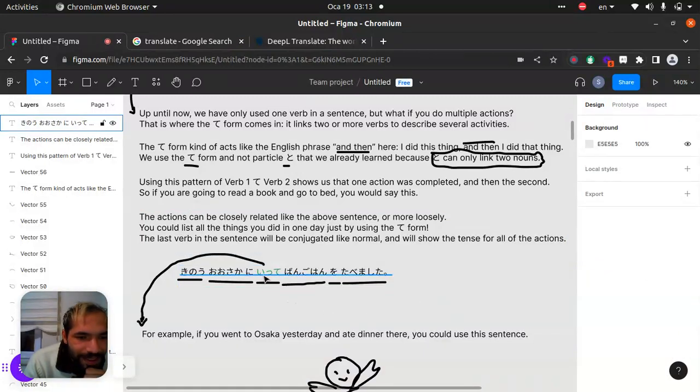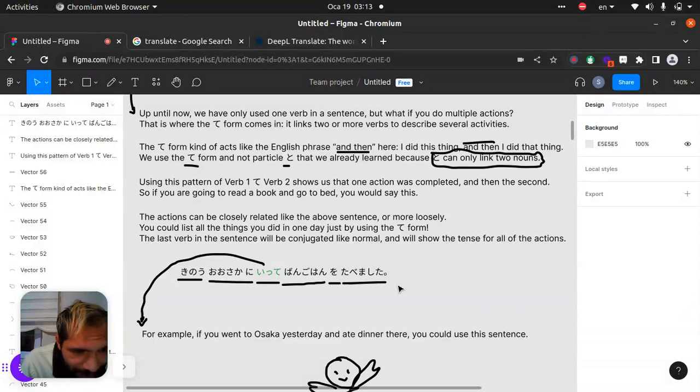Itte normally is iku for "go", but in this case we're saying itte because we're making it "went and then", like we went to Osaka and then we had dinner there, right?